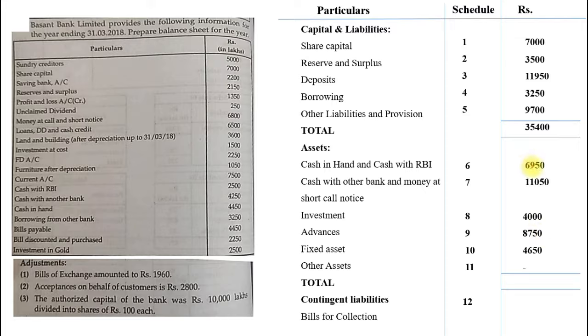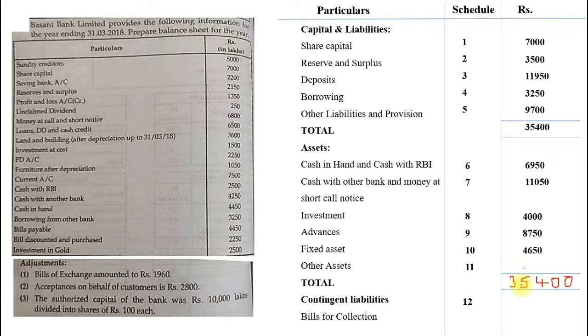Okay, so on the calculator, if I take 6950 plus 11050 plus 4000 plus 8750 plus 4650, we will get the same total, 35,400.